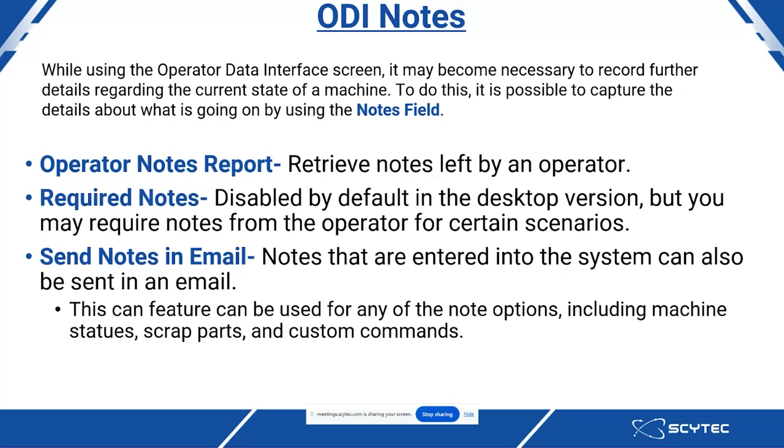This is disabled by default in the desktop version, but you may require notes from the operator for certain scenarios. You can also send notes in email, and notes that are entered into the system can also be sent in email. This feature can be used for any of the note options, including machine statuses, scrap parts, and custom commands.